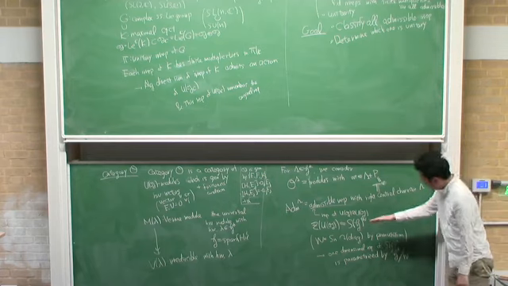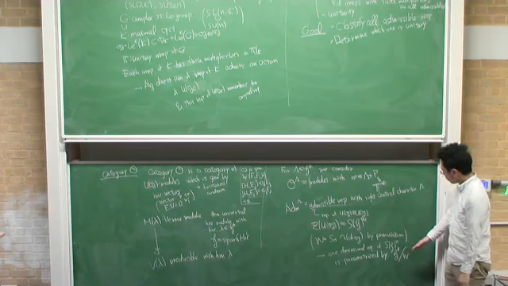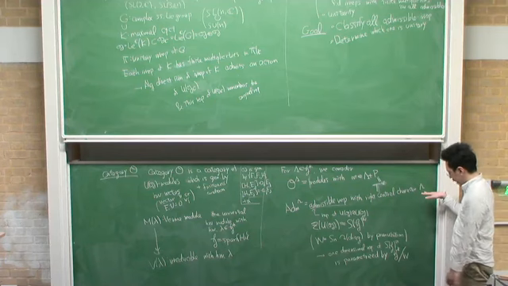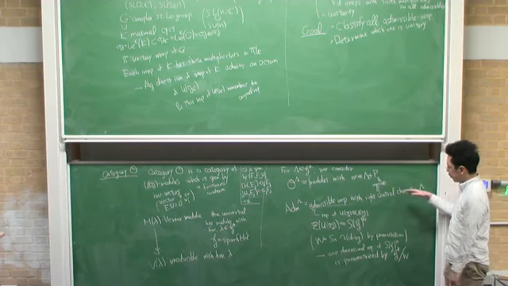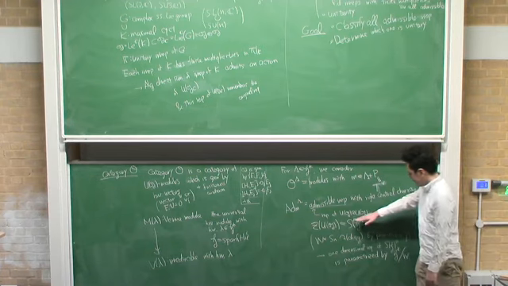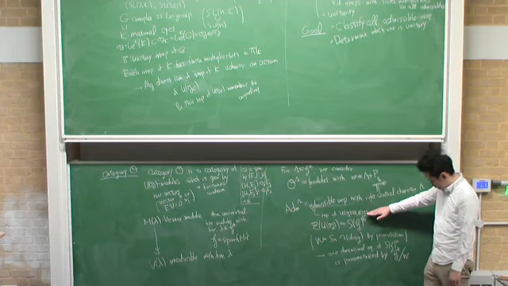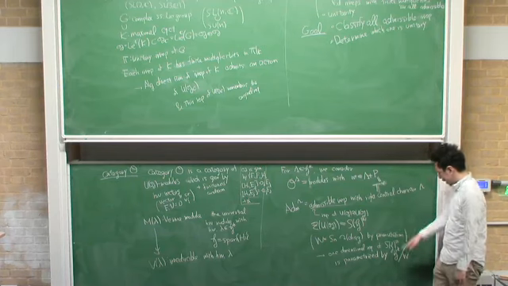And then the right central character lambda simply means that if you restrict to the center sitting inside, the right component is precisely lambda.